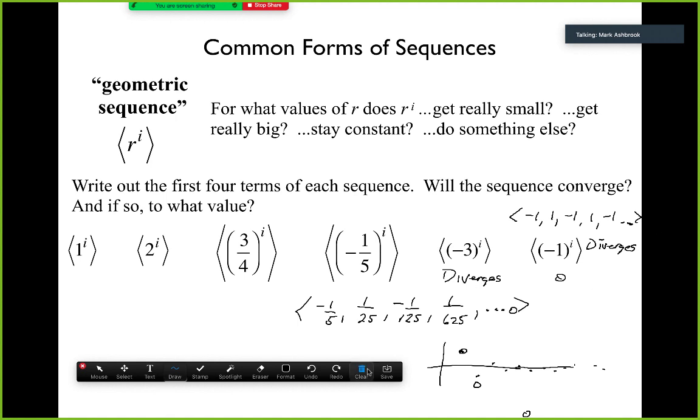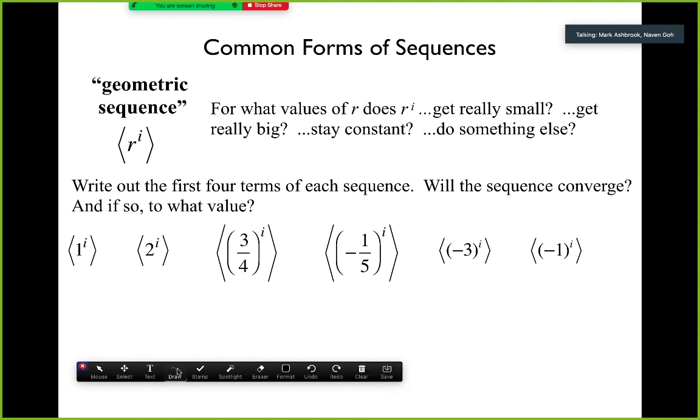Okay, so let's put these examples together and come up with a scheme. For what values of r would these terms get very, very small, in fact indistinguishably close to 0? What values of r? I was going to say when their absolute value is less than 1. Okay, so that would mean r is less than 1, for instance this example here.